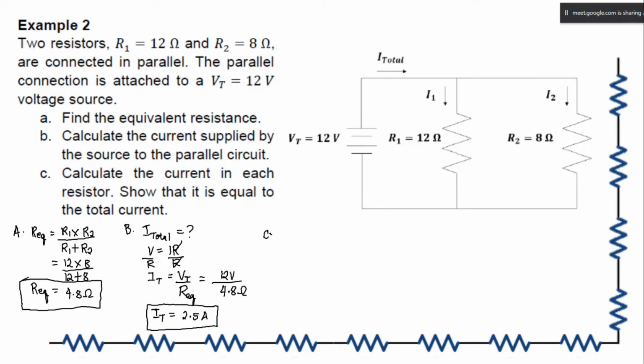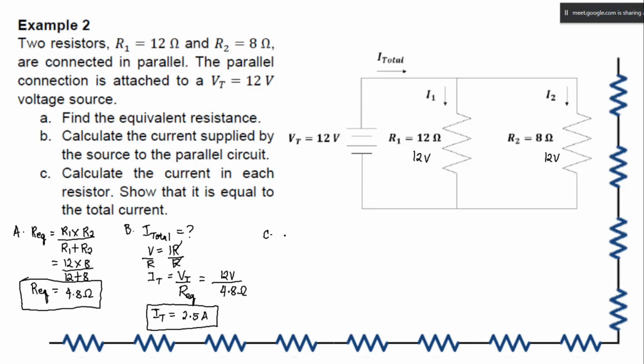Okay, voltage po ang pareho sa kanila. So, kung ano po yung voltage ni R sub 1, yun din po yung voltage ni R sub 2. At kung ano po yung mga voltage nila, yun din po yung voltage ni V sub T po natin. So, it is safer to say that the voltage across R sub 1, that's 12 volts, and the voltage across R sub 2, that's 12 volts also.